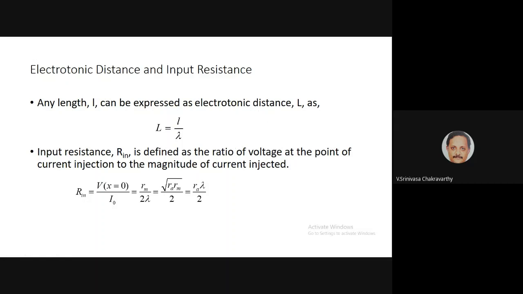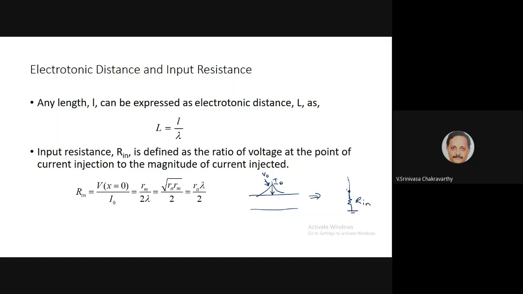Now another quantity we'll define here is the input resistance of the cable. So I have this infinite cable. I inject some current, I naught, and I get some voltage here. So voltage here is V naught. Can I make the entire cable equivalent to some resistance, I'll call this Rn?